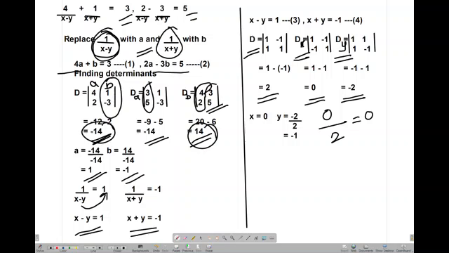And for the value of y, minus 2 divided by 2, which is equal to minus 1. So here we get the values of x and y as 0 and minus 1. If you put them in any of the equations, like 3 or 4, you'll find LHS equal to RHS, and that shows that whatever solution you found is correct.